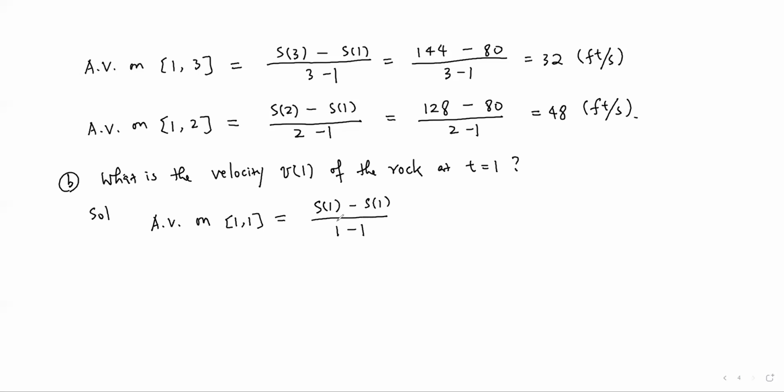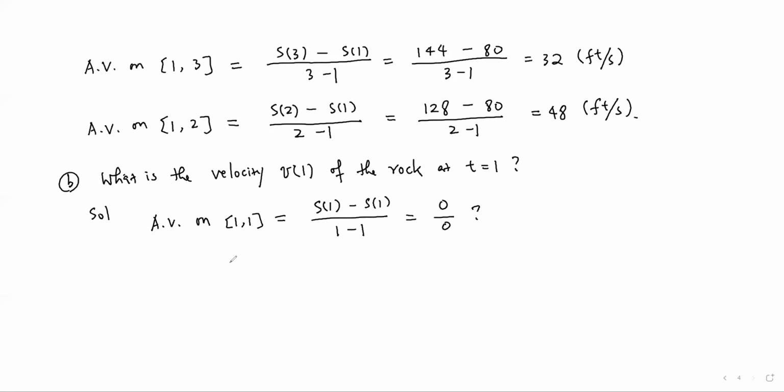Position at 1 minus position at 1 is 0. 1 minus 1, time elapsed, is 0. What is this? 0 divided by 0. I don't know. So this time, the average velocity formula doesn't work in finding instantaneous velocity.